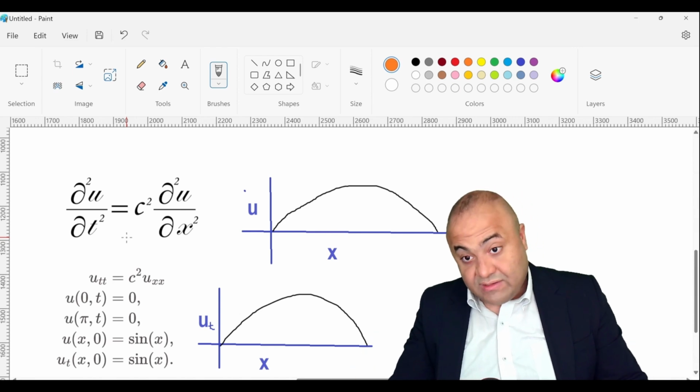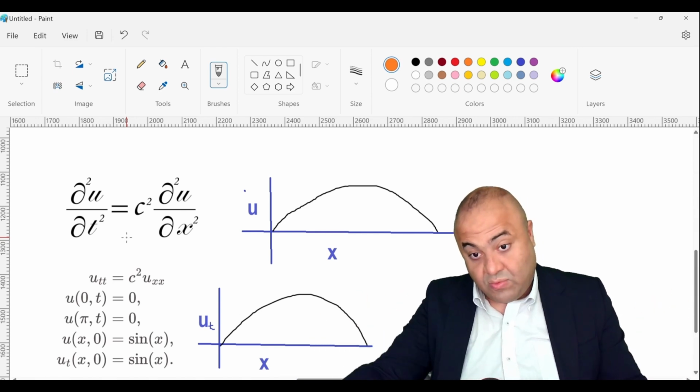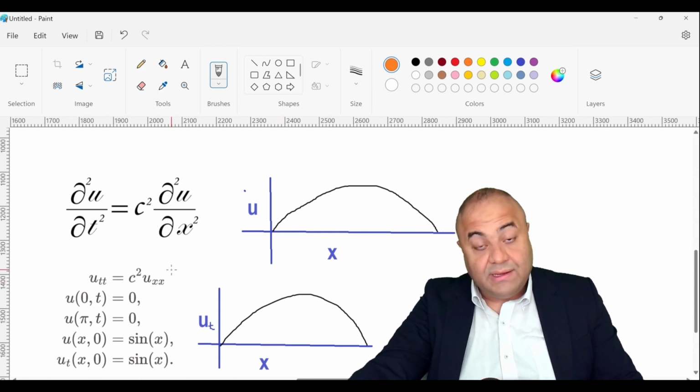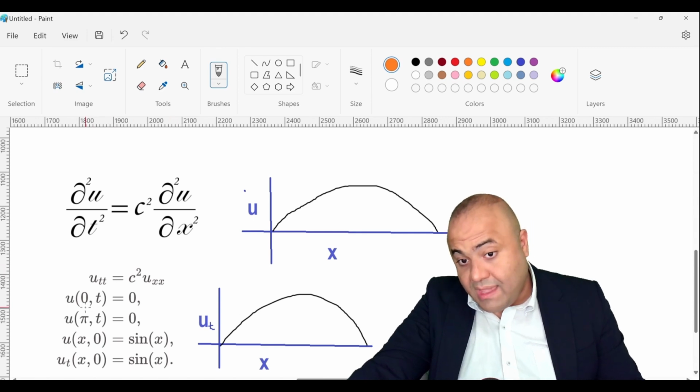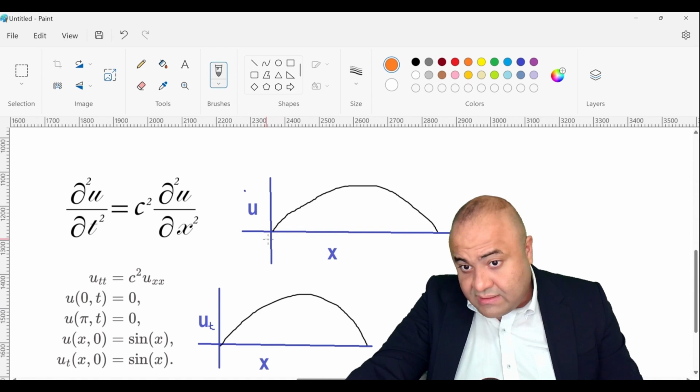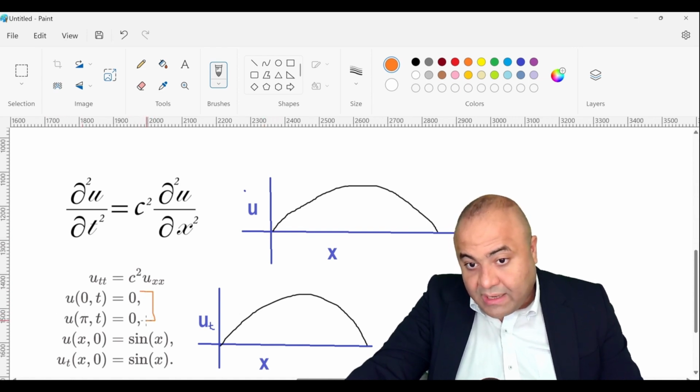So the problem we're going to solve is basically this. First we have to define the wave equation in our system. And then the left part here is going to be the boundary equation.